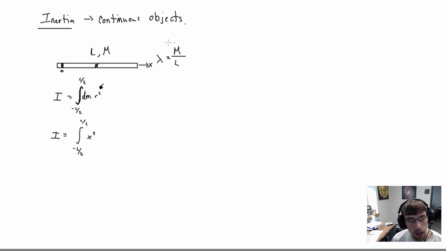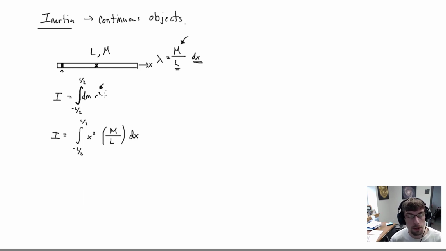Well, we have the linear density. And if I take the linear density and multiply by a small distance dx, the L cancels, and I end up with a very small mass, just a portion of the total. So that's what I'm going to write down here: m over L, which I can do because the distribution was uniform, times dx.